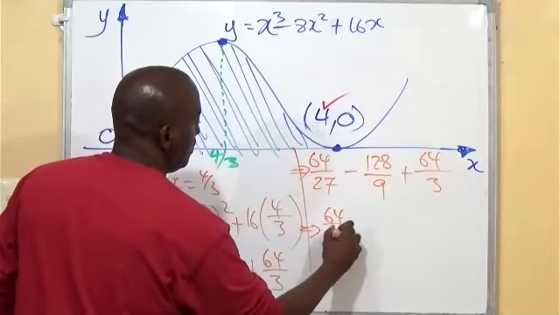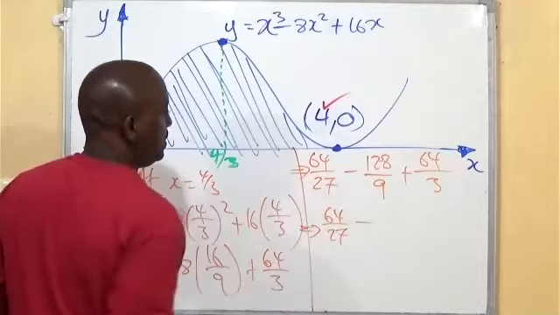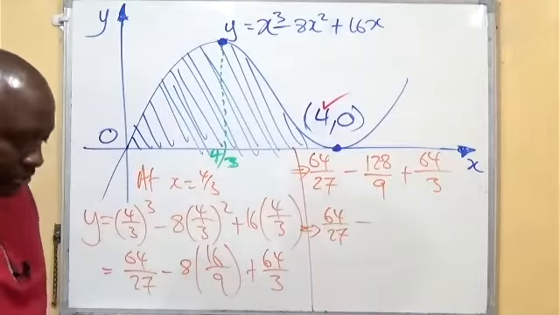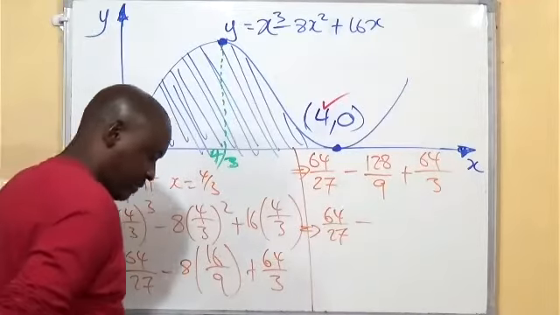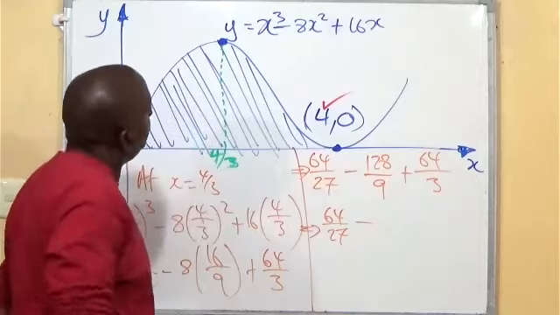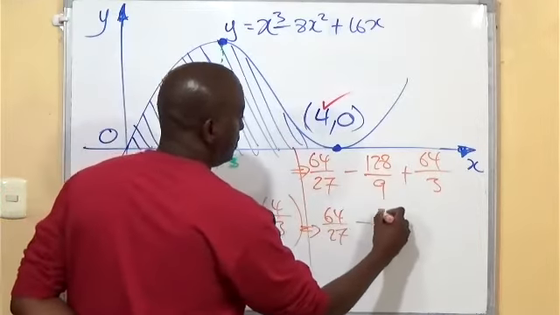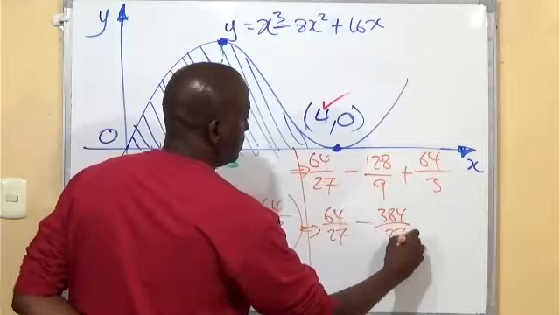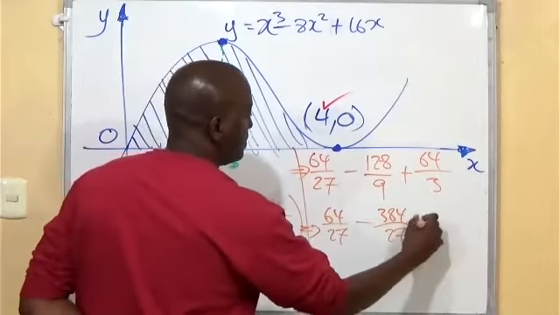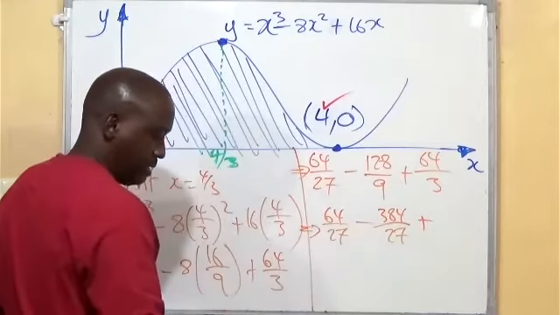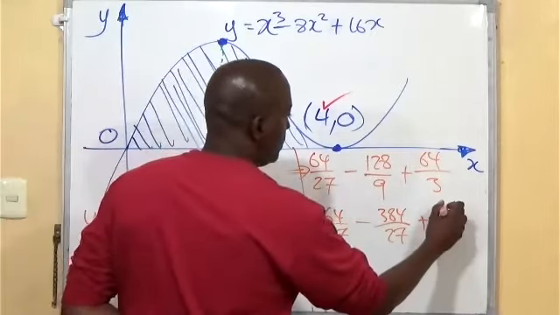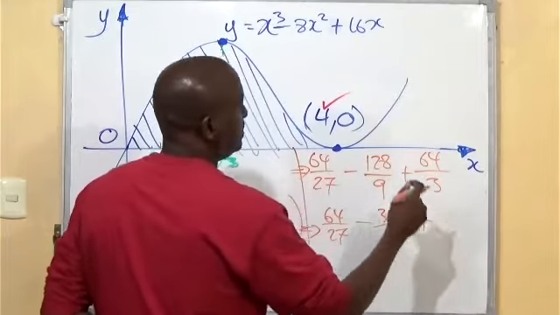64 over 27 minus 128 by 3 is how much? 8 is 24, 12 is 36. Somebody help me out here now. 384, yes, 128 by 3 is 384 over 27. Plus 64 by 3 is 192. No, it's 3 by 9, multiplying 64 by 9.